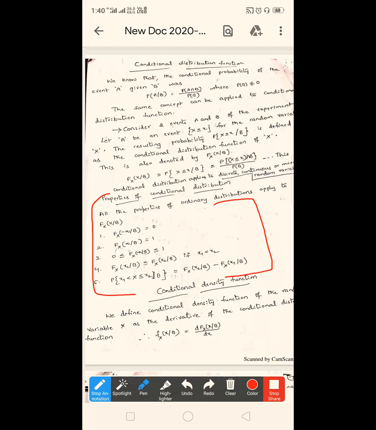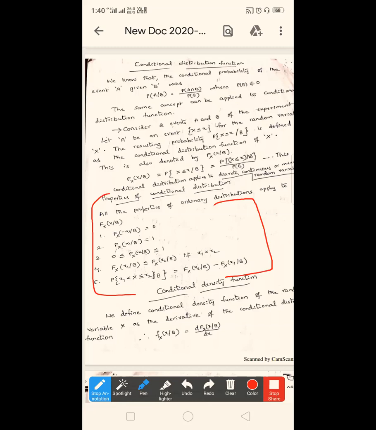Whatever properties apply to the normal distribution function are also applicable for the conditional distribution function.